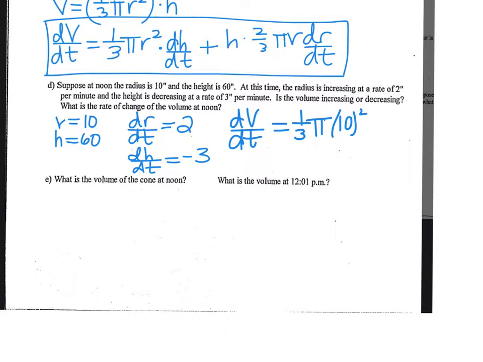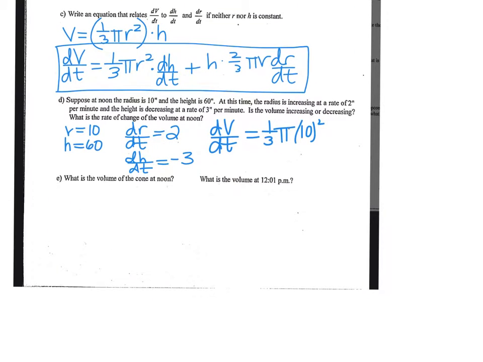And we know that dh dt is the change in the height per time, which would give us -3, plus the height, which is 60, times 2/3 pi times r, which is 10, times dr dt, which is 2.